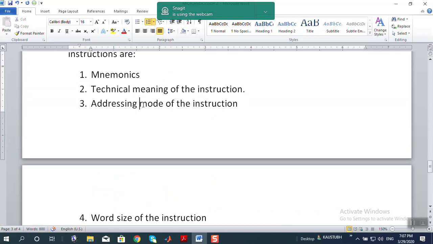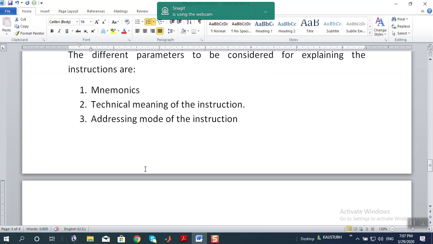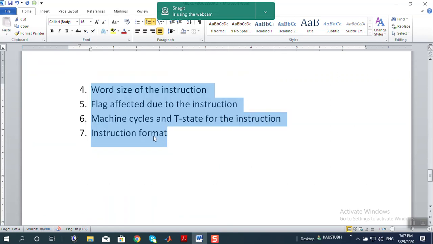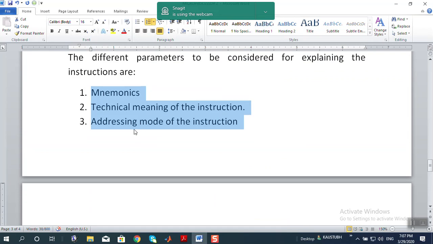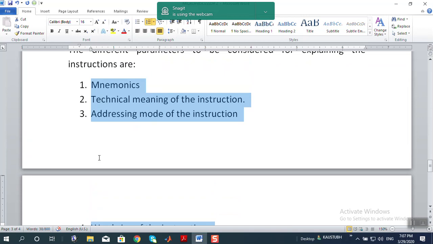So: addressing mode, word size, flags affected, total 7. Flags affected due to the instruction, machine cycle and T-states, and finally the instruction format to find the opcodes, because opcodes are designated for each and every instruction. So these 7 are the things to be considered while discussing each instruction. Don't worry, you need not remember all these things for each and every instruction.